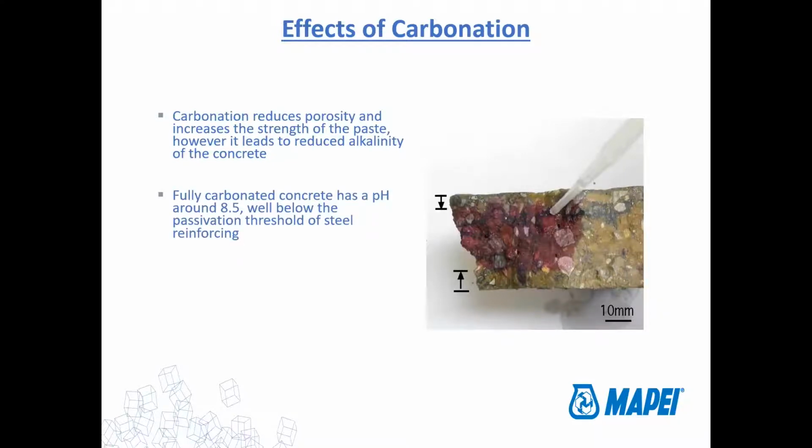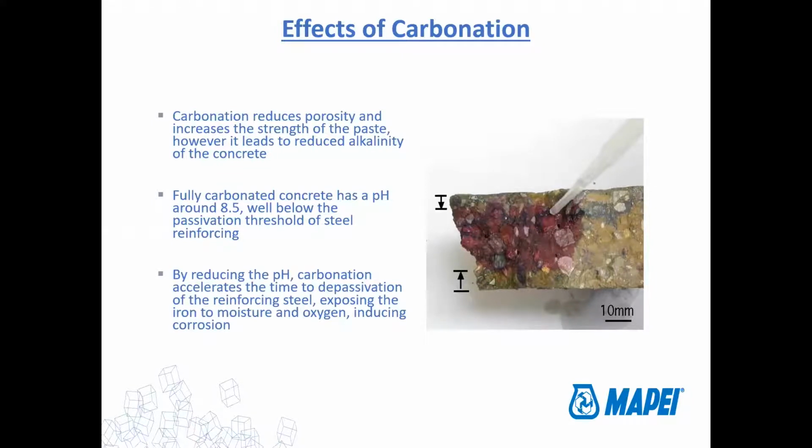So in a nutshell, once concrete is fully carbonated, it's going to reach a pH of about 8.5, which clearly is well below that threshold that I gave you of about 9.5 to 10. So it's going to create those conditions again where corrosion can start to initiate. The chlorides are going to really start to attack the reinforcing steel, and we'll start to see the rusting and the spalling, cracking of concrete that we all know to be typical of corroding concrete.